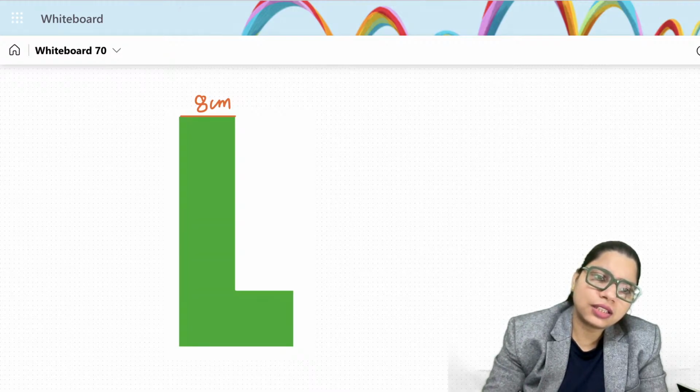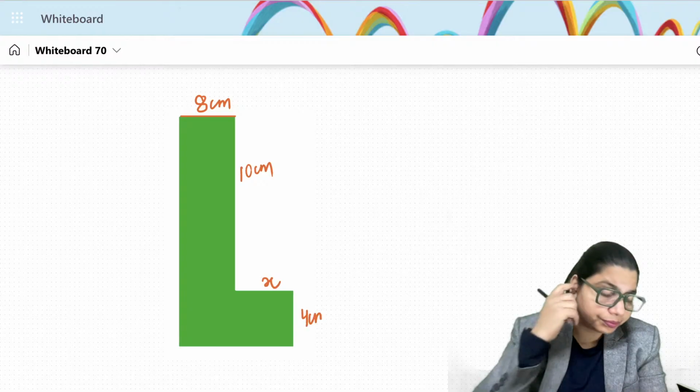This is 10 centimeters. That's x. That's 4 centimeters.